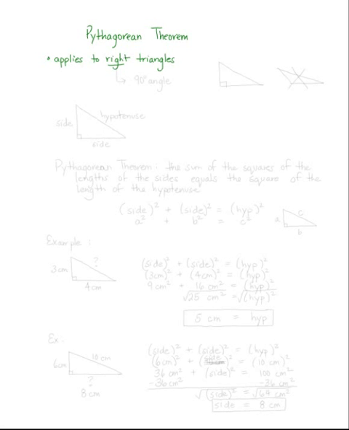A right triangle is a triangle that has a 90-degree angle as one of the three angles.